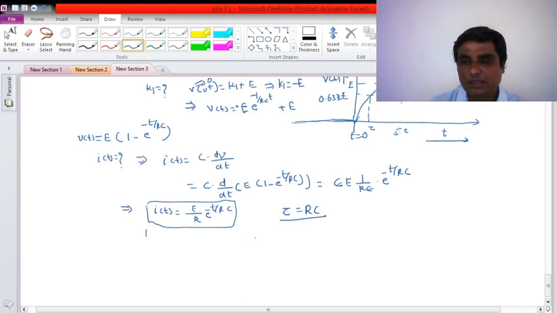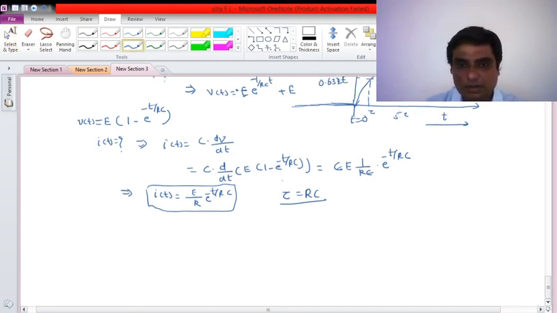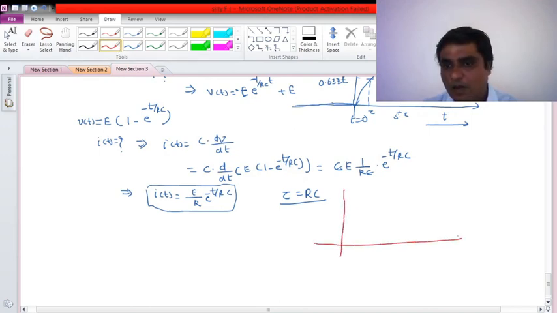Okay, this is the current for the RC or first order circuit. Let me draw it. This is my time axis, this is the current through the capacitor.